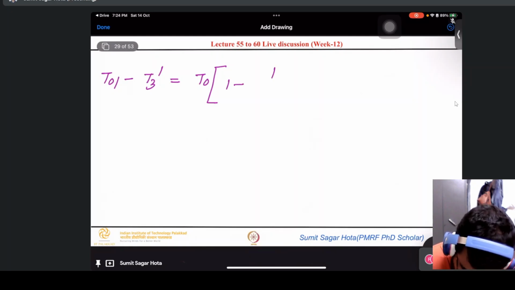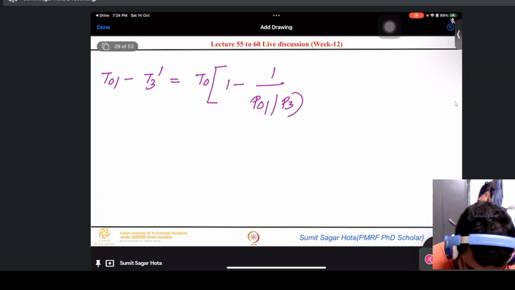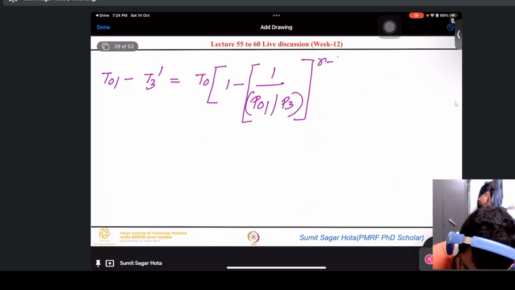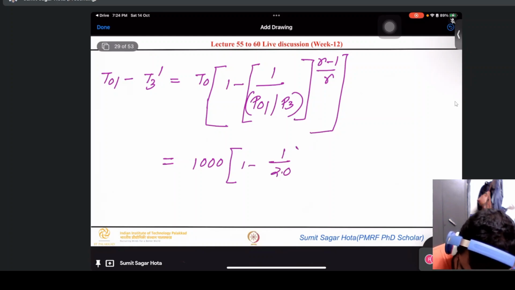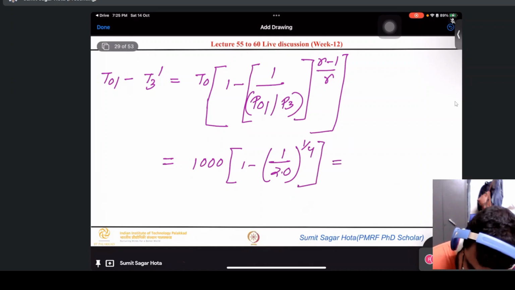If you know the formulas, then you should understand what I am writing. 1 by gamma minus 1 by gamma is equal to 1000 into 1 minus 1 by 2 to the power 1 by 4, which is 159.1 Kelvin.